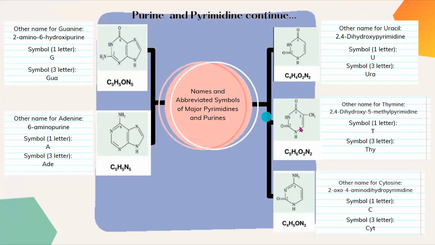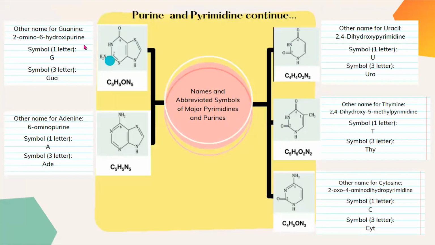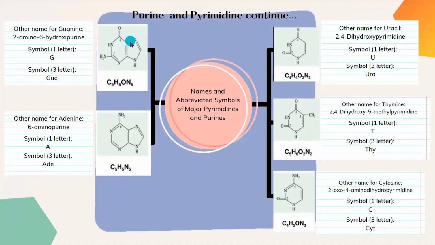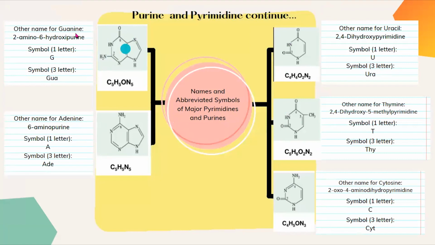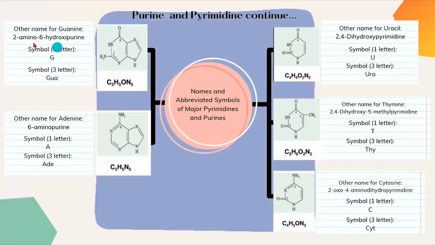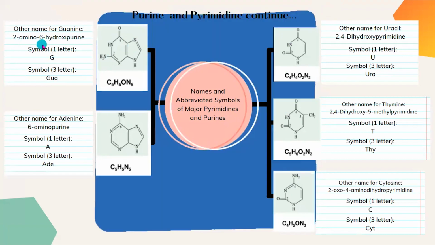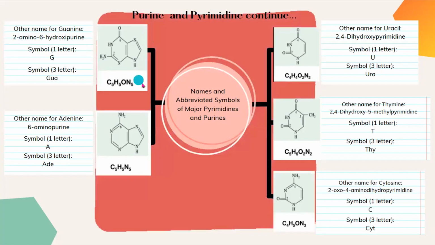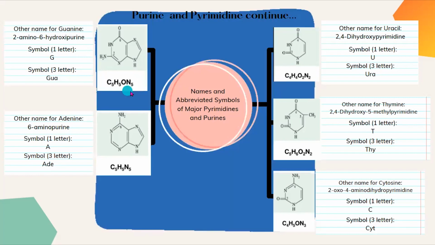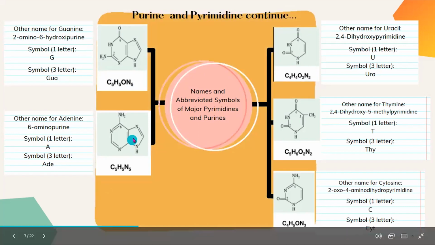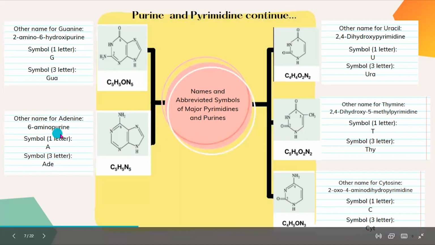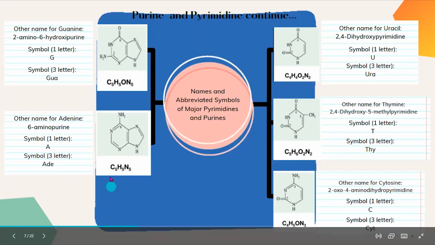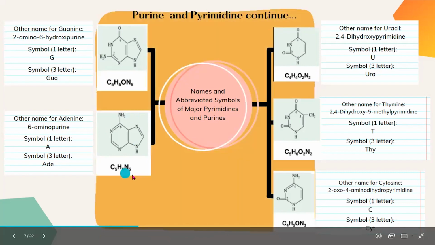The two purine bases are guanine and adenine. Guanine is also known as 2-amino-6-hydroxypurine with the molecular formula C5H5N5O. Adenine is known as 6-aminopurine with the molecular formula C5H5N5.